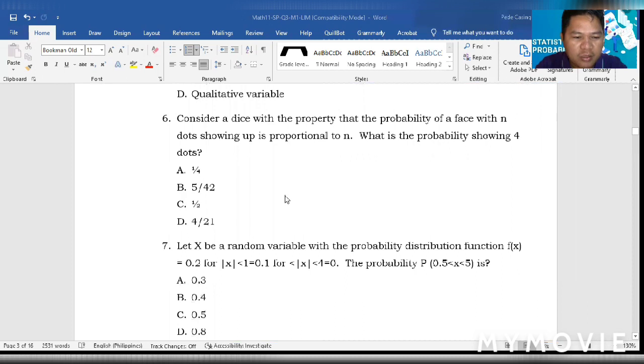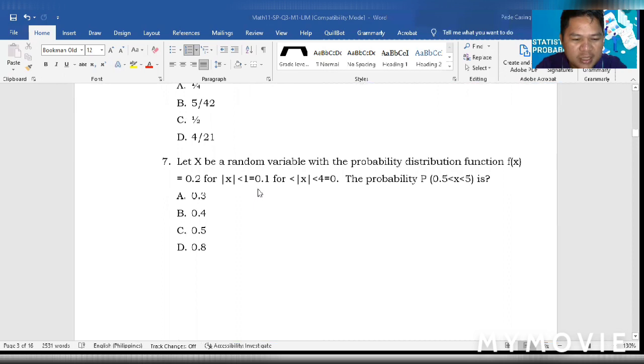Number 6. Consider a dice with a property that the probability of a face with n dots showing up is proportional to n. What is the probability of showing 4 dots? A, 1/4. B, 5/42. C, 1/2. Or D, 4/21. Number 7.